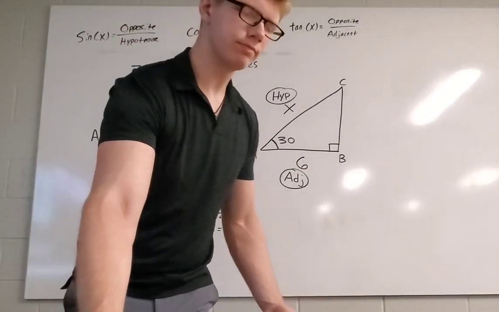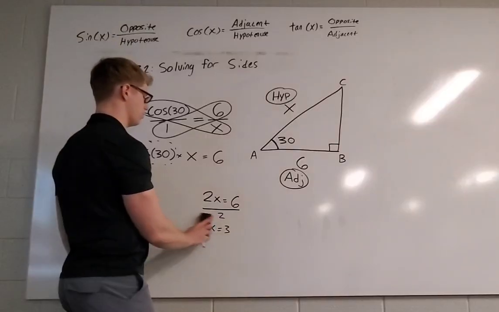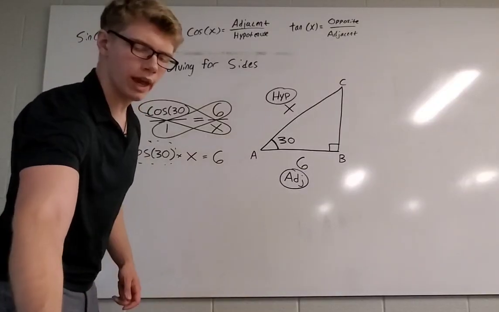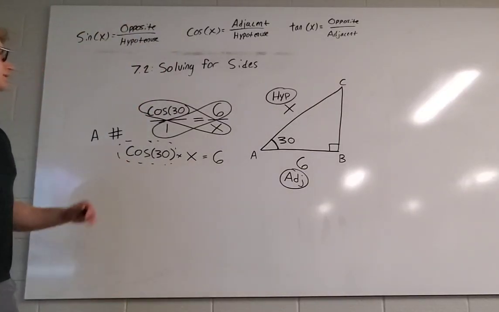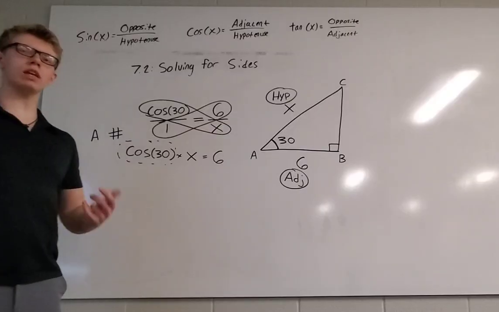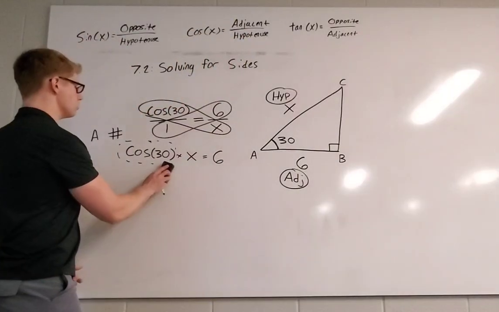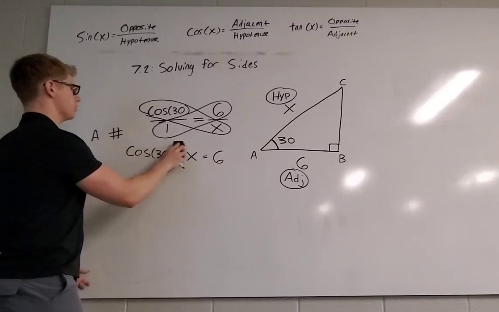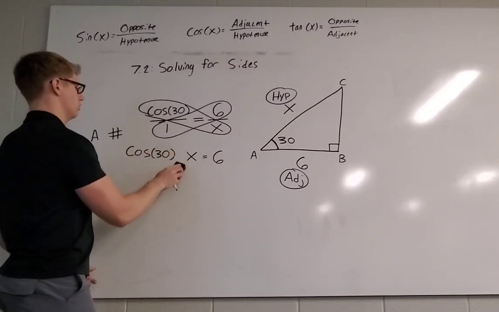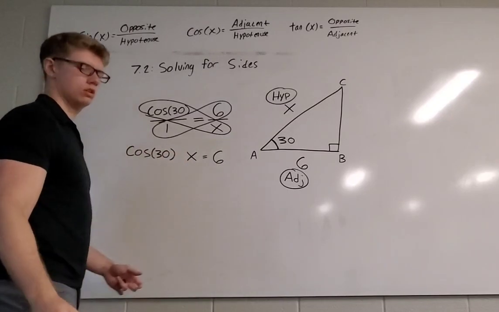This situation is identical to the one we are in right now. We have cosine of 30 times x is equal to 6. So all we need to do is divide cosine of 30 from both sides.